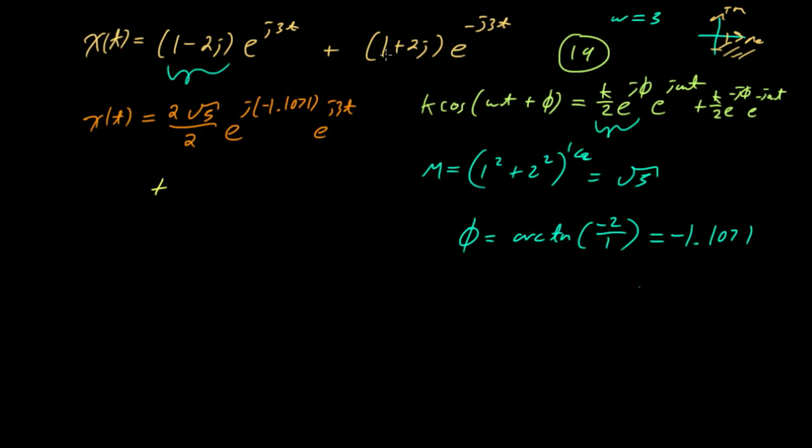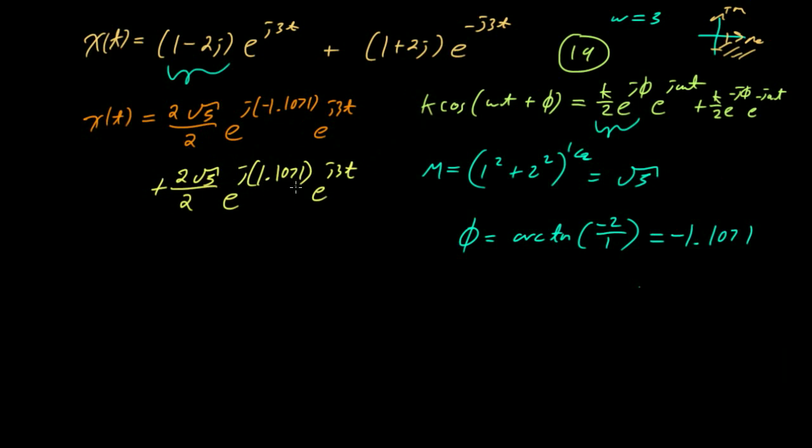I can just say, hey, these two are complex conjugates, so that number has got to be 2 root 5 over 2 times e to the j positive 1.1071 e to the minus j 3t. And now I've got something that's explicitly in the form that I can convert this. And even I want to say I didn't even have to do this second part.